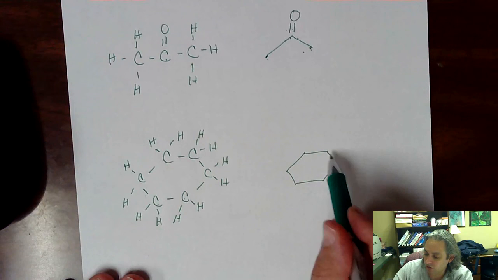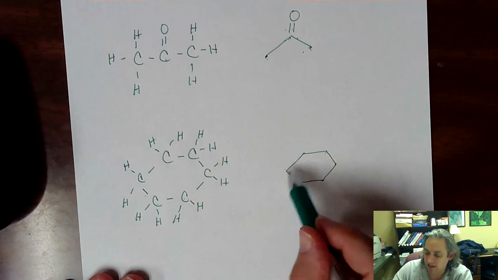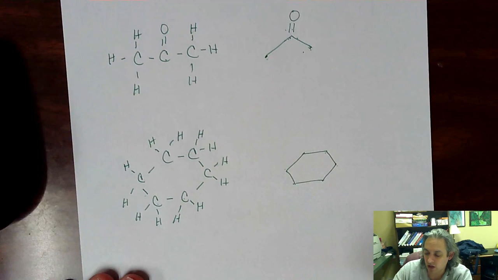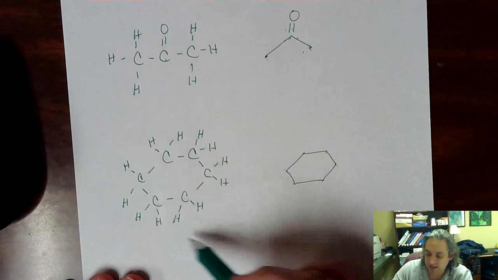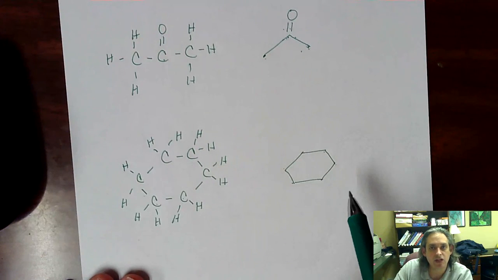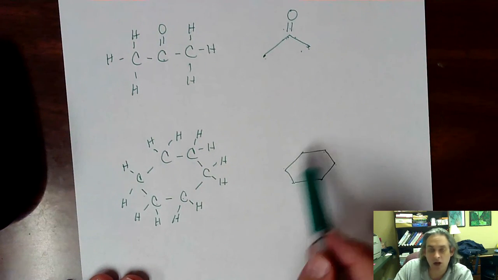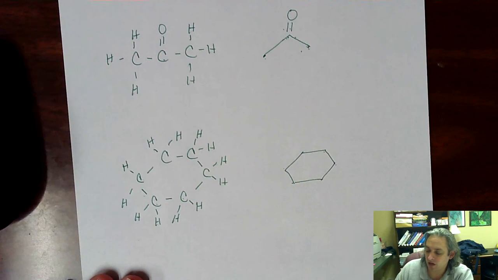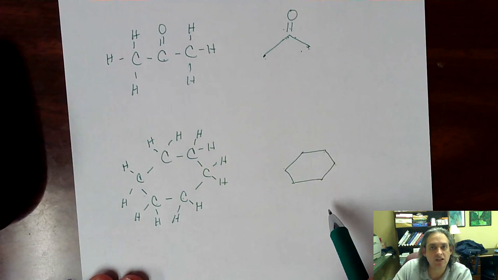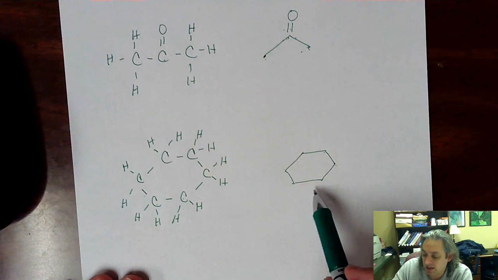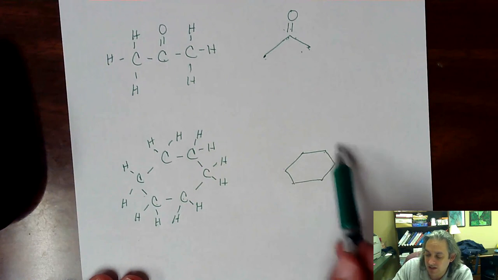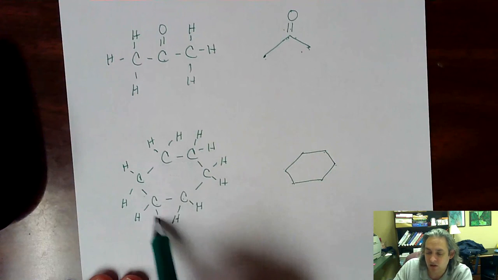Each one of those points represents a carbon. And the only thing left is hydrogens, and we don't need to show hydrogens in this shorthand notation. So the shorthand notation just makes it easier to draw the Lewis structures of organic compounds, because it's so much easier to draw this hexagon than it would be drawing this right here.